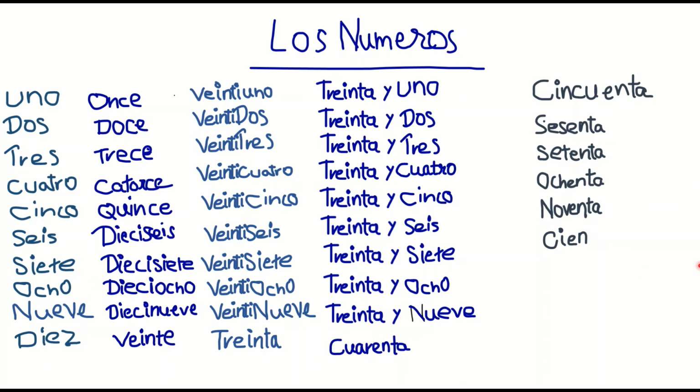After 30, it becomes very simple till 100. The only formula that we have is write 30, 40, 50, 60, 70, 80, 90, then y, and add the numbers 1 hasta 9, just add 1 to 9. That is all. Any question from here?